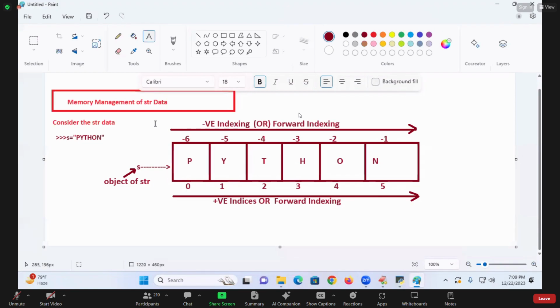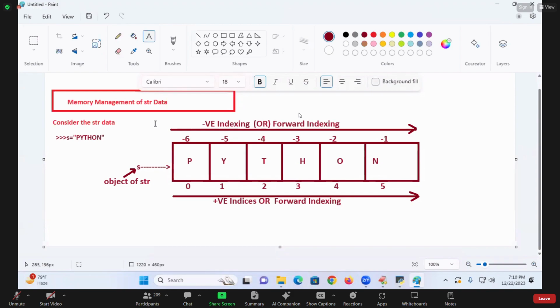Now I'll ask a confusing question. Negative indexing, end letter index: minus 1. Okay, good. Careful. Negative indexing, starting letter index: minus of len of strobj.